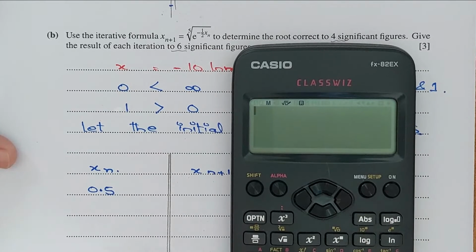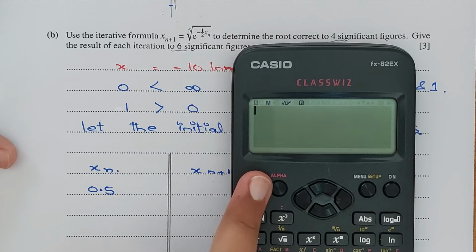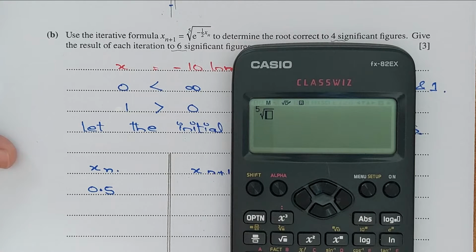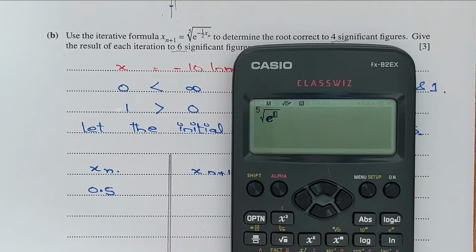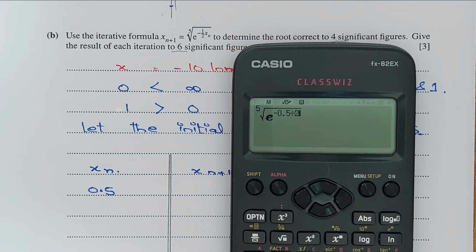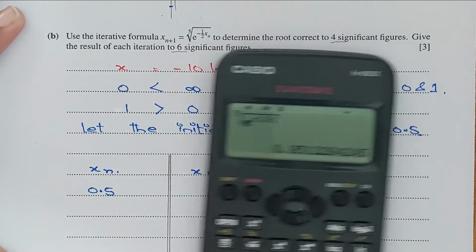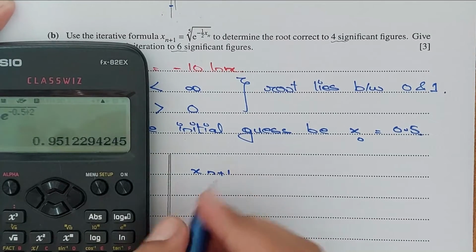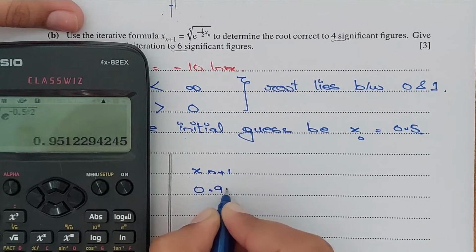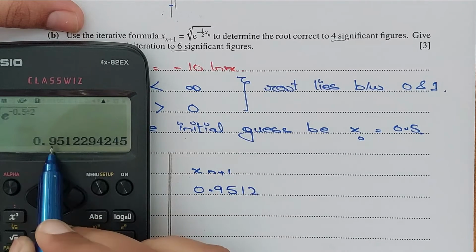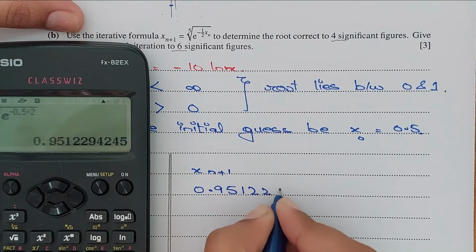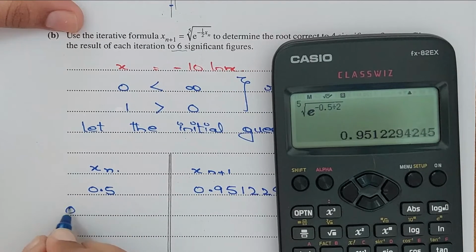Let me calculate this. We have to do the fifth root of e power minus x by 2, with x equal to 0.5. We have to find the result of each iteration up to 6 significant figures. So we have 0.951229.